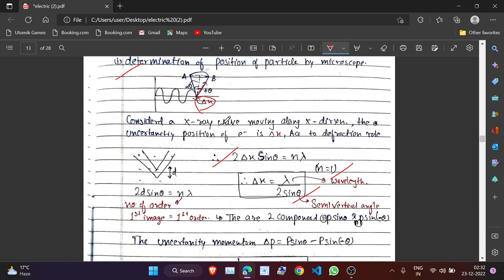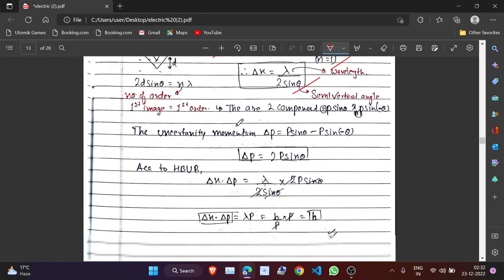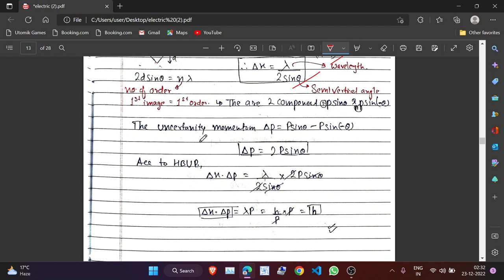We have made an assumption that the clockwise side is positive and the anti-clockwise side is negative. After finding uncertainty in momentum, we have two components of p: p sin theta and p sin minus theta. Taking the uncertainty of momentum, delta p is equal to p sin theta minus (minus p sin theta), which gives delta p equal to 2p sin theta.